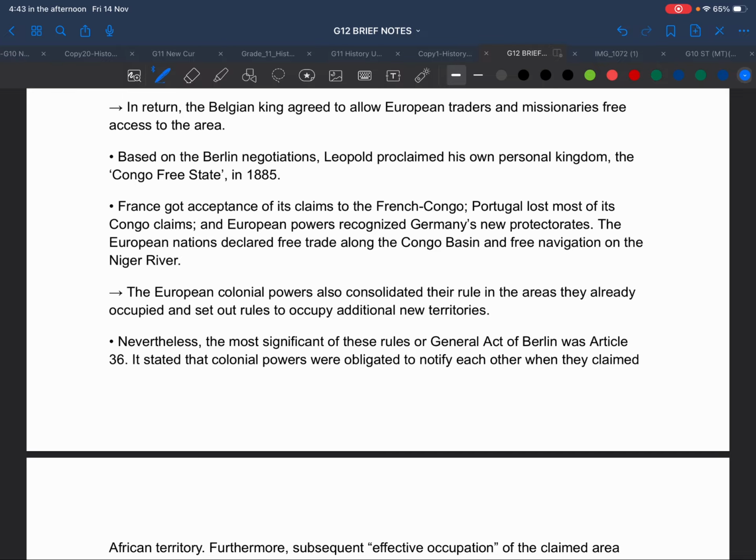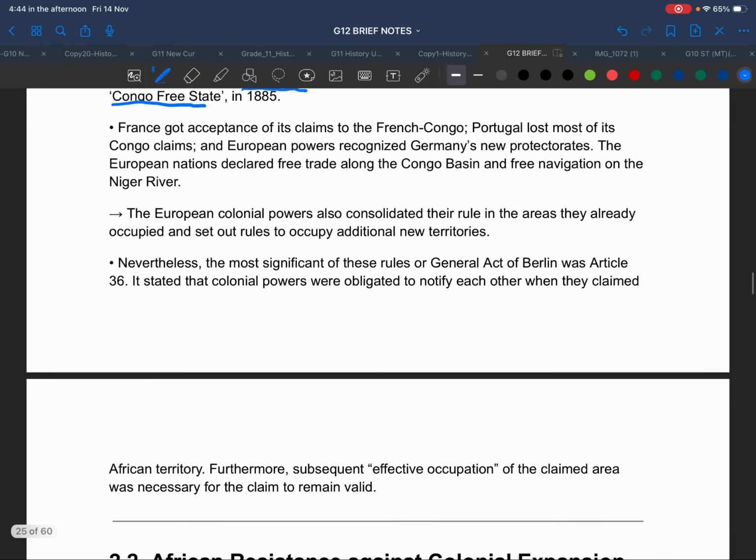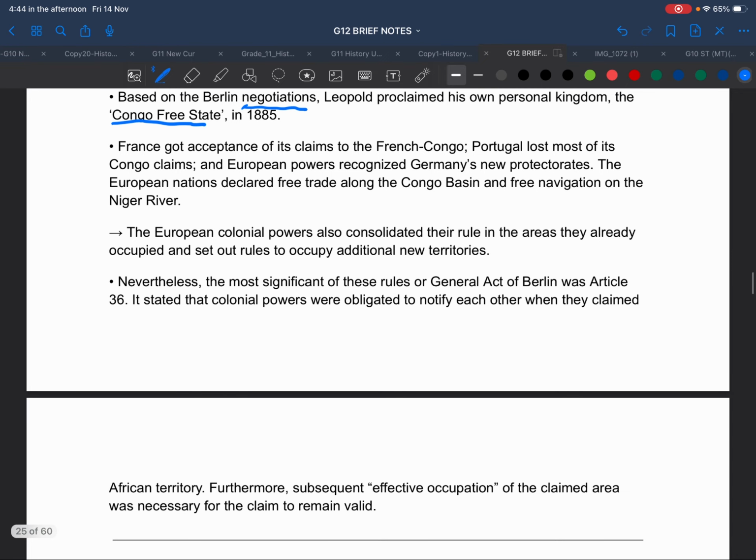Based on the Berlin negotiations, negotiations meaning agreements, Leopold proclaimed his own personal kingdom, the Congo Free State. The formal name for what is called today DRC was at that time Congo Free State. Free State belonged to the individual King Leopold, not to his country, Belgium.